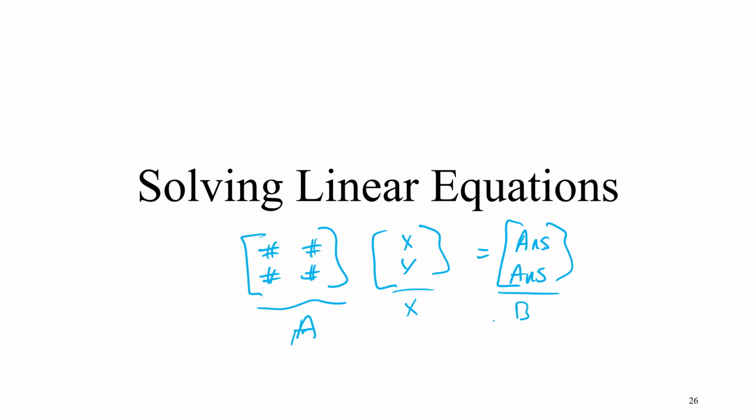And so when we're doing these ones, if we have A x is equal to b, and we want to find what x equals, we would multiply the inverse of A to both sides.